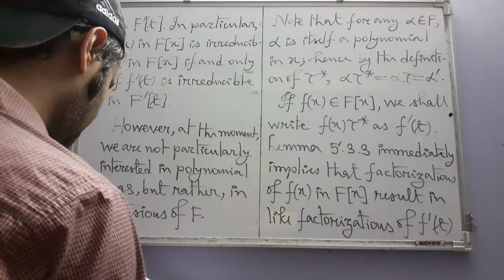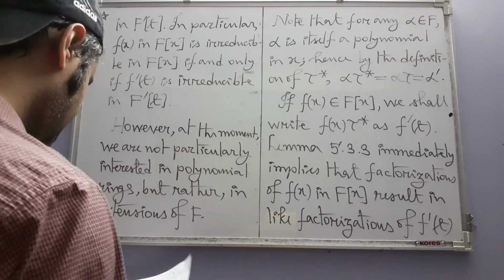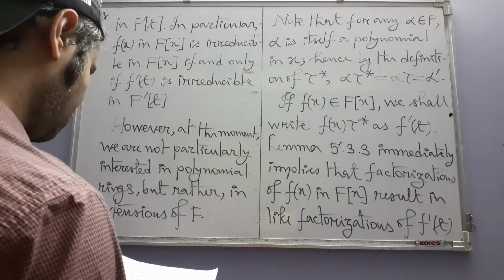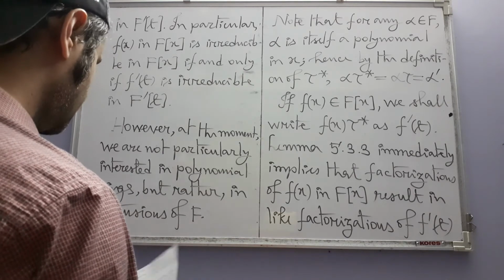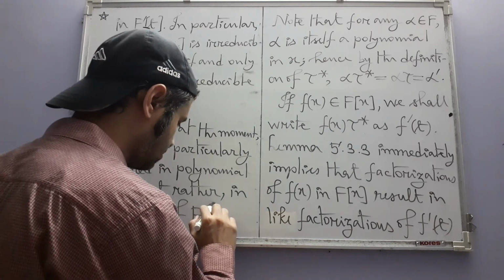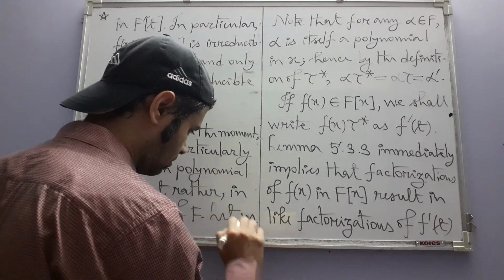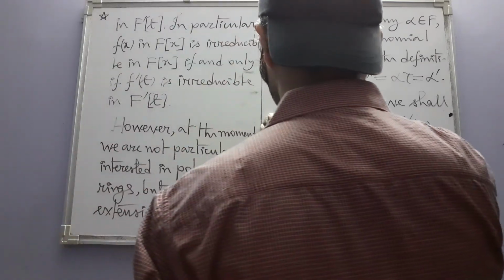Let us recall whatever I just said. Let us recall that in the proof of theorem 5.1.2 we employed quotient rings of polynomial rings to obtain suitable extensions of F. And that is why we are doing all these things.